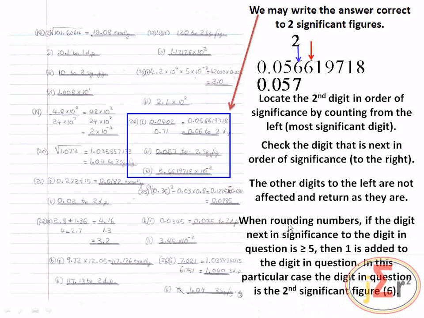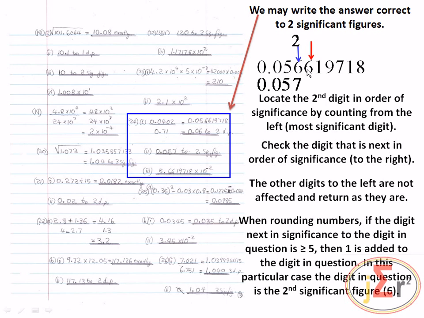When rounding numbers, if the digit next in order of significance to the digit in question is greater than or equal to 5, then we add 1 to the digit in question. In this particular case, the digit in question is the second significant figure, or the second most significant digit. So we start here. 1, 2.